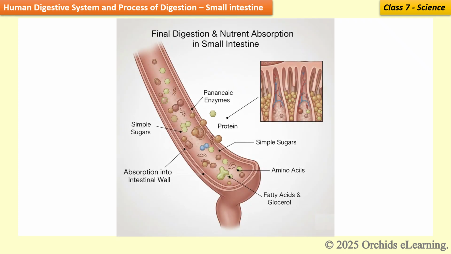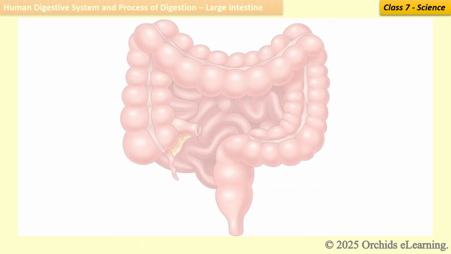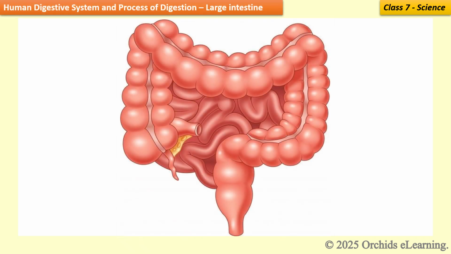The pancreatic juice acts on carbohydrates, fats, and proteins, and changes them into simpler forms. The digested food is absorbed in the small intestine with the help of villi. Maximum absorption of food takes place in the small intestine. Large intestine.